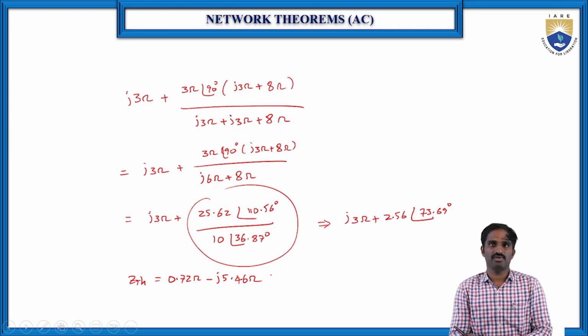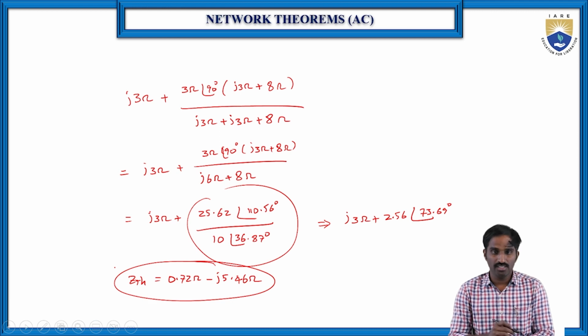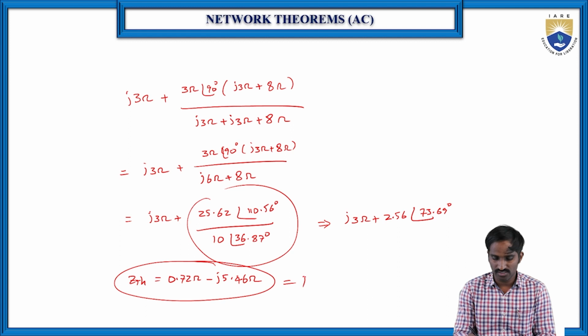This is the Z Thevenin. So now this is the answer for the first question, that is, the value of the load impedance ZL. So ZL is equal to Z Thevenin, which is equal to this value.